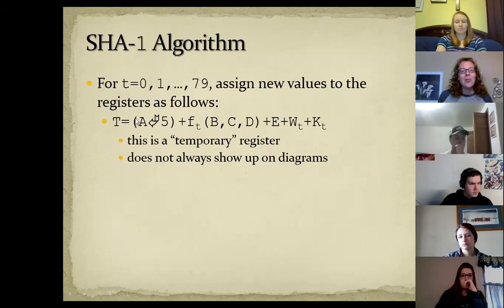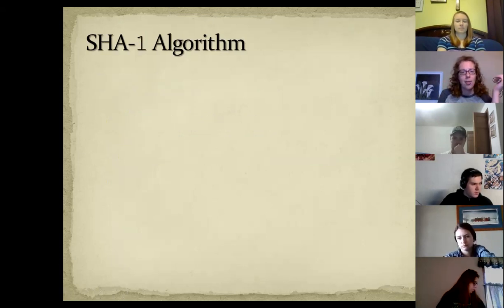It's the value in A rotated by 5 bits plus the value in B, C, and D plugged into this function. And remember, if we back up, we had 4 different functions that we were working with, right?